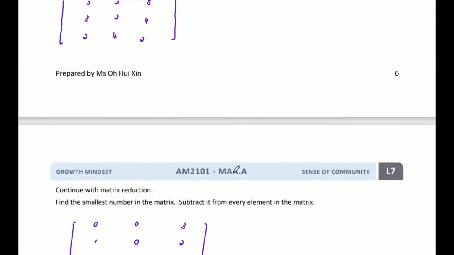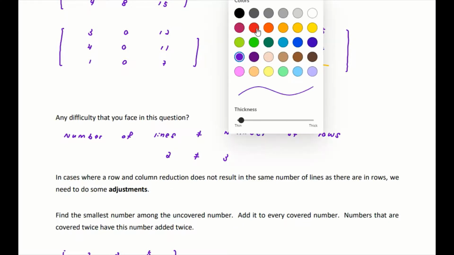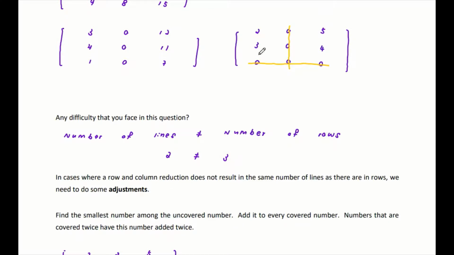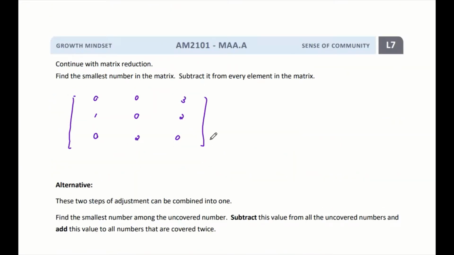So what you can try to do is realize, this is my original matrix, which means before I do the adjustment. Let me write it down here, maybe that's easier for my explanation. So just now we have 2, 0, 5, and then 3, 0, 4, and 0, 0, 0.